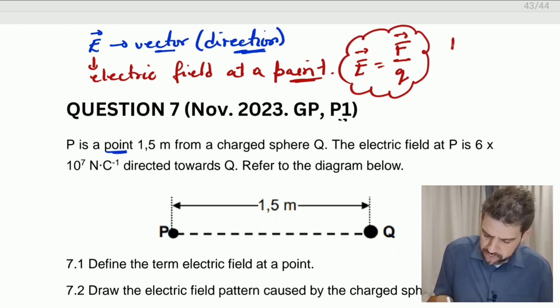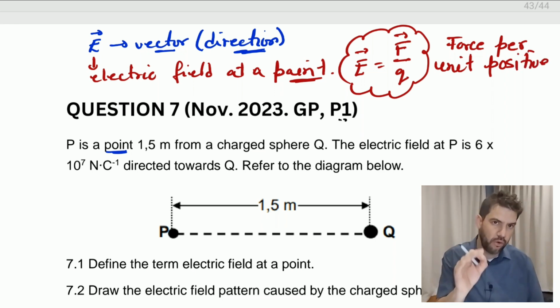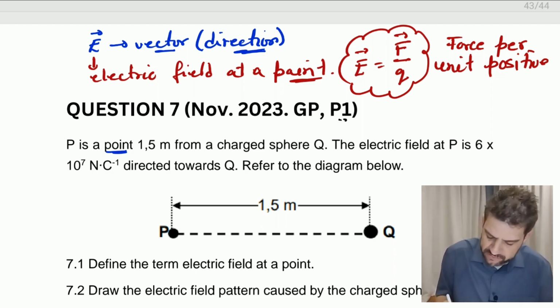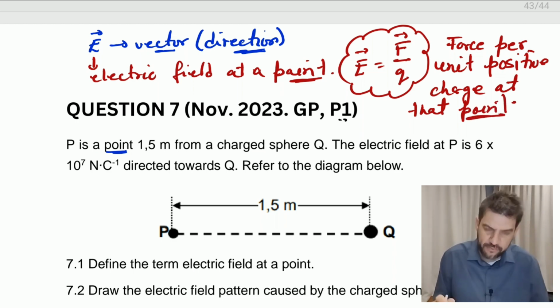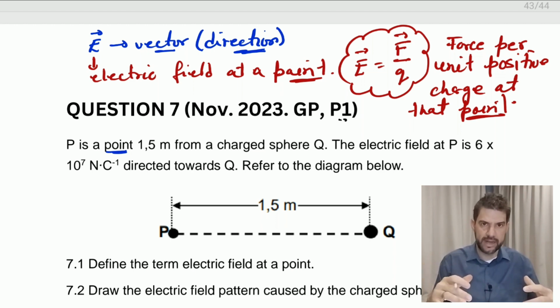This is force per unit positive. That point is not a charge, but it's taken like if you place a positive charge at that point. Guys, this formula is the definition for electric field at a point. I think I cover now electric field at a point.